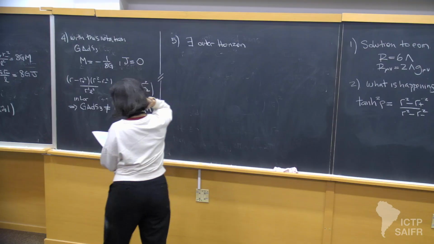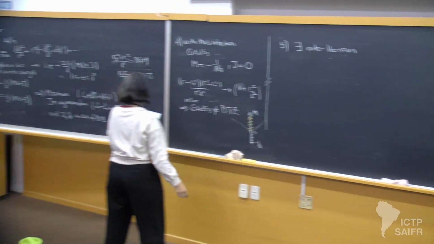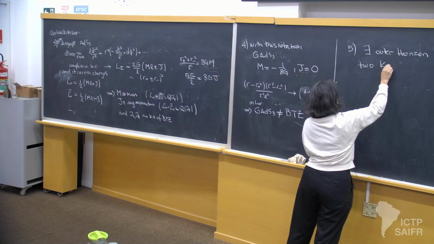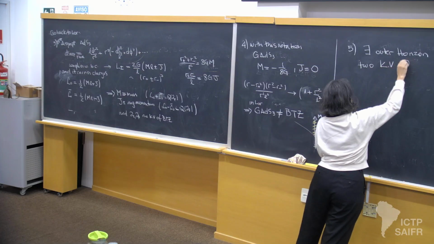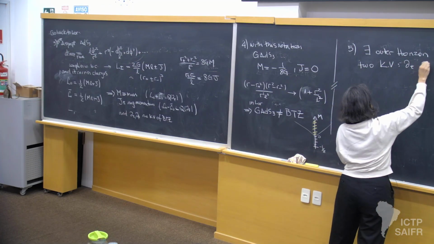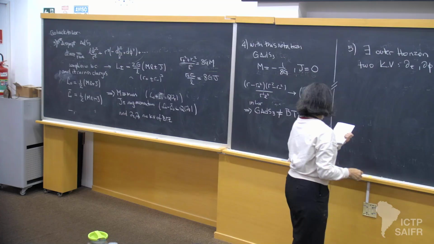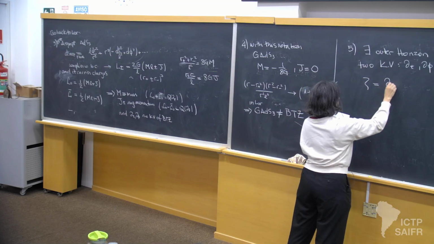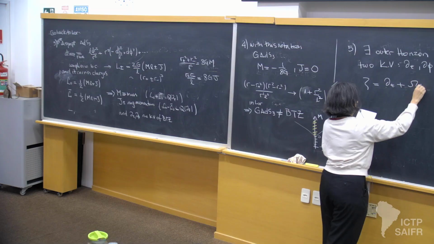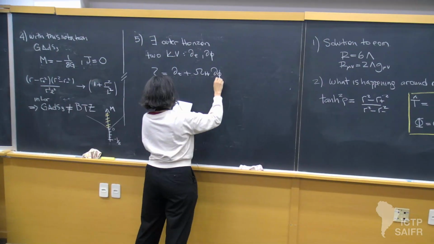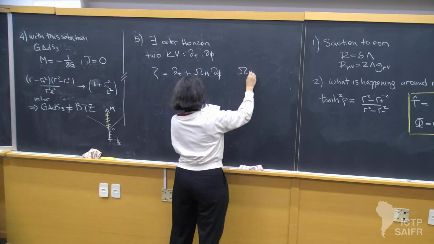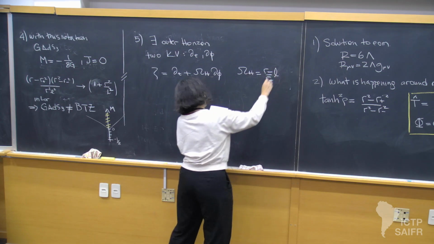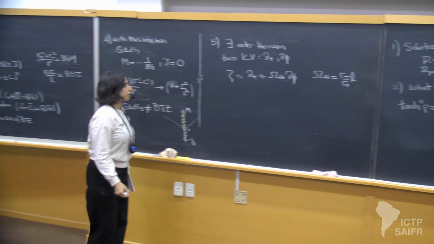So as I mentioned, this thing had 2 killing vectors, ∂t and ∂φ. And you can construct a combination of these 2 killing vectors, like this, okay?